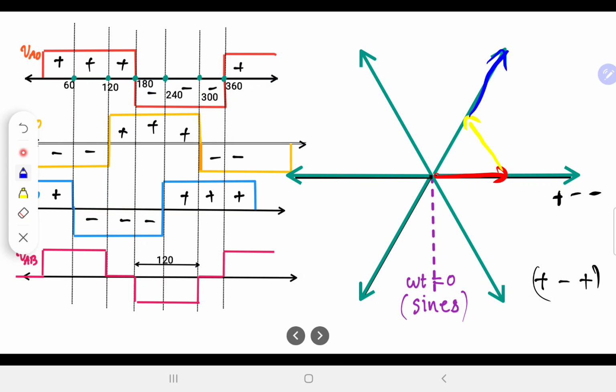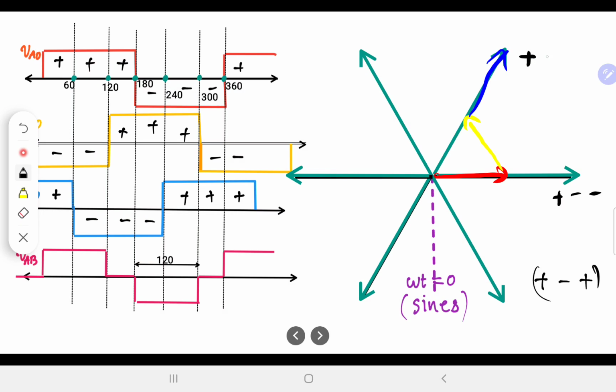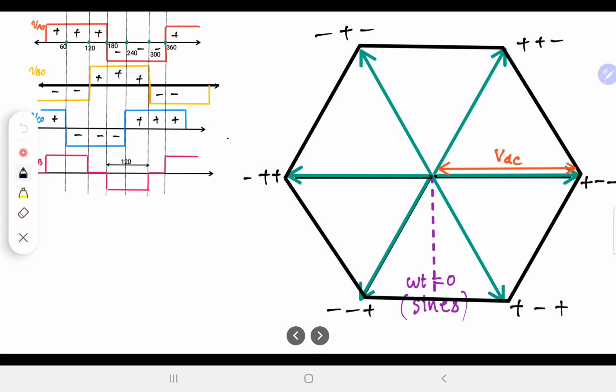So it is corresponding to plus in the red phase, plus in the yellow phase, and minus in the blue phase. Okay, so that gives me this location. Similarly, you can generate the remaining ones also.